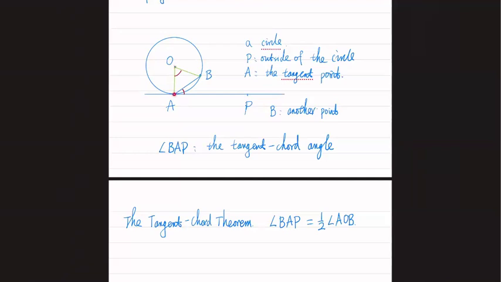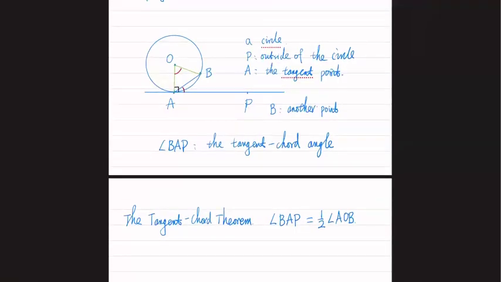Center and tangent point, we know they are perpendicular. In particular, the summation of this tangent-chord angle with angle OAB is 90 degrees.